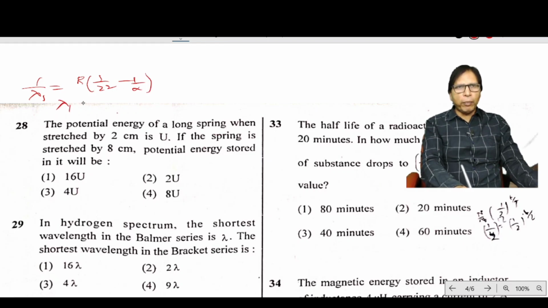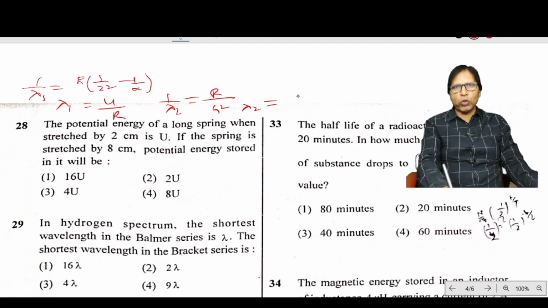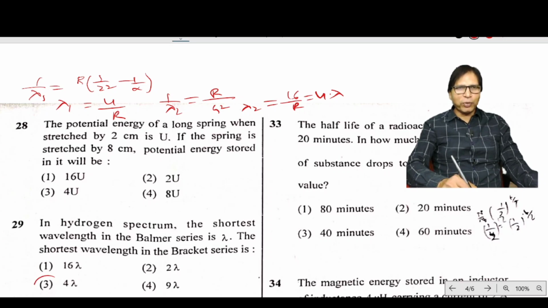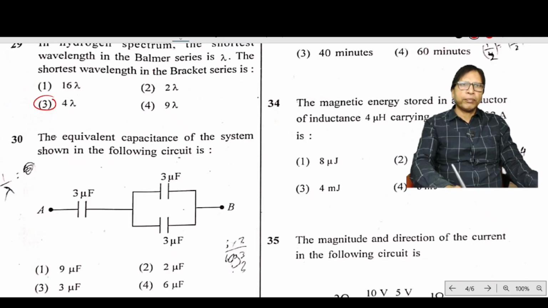So lambda 1 is 4 by R. In the same way, for Brackett series, 1 by lambda 2 equals R by 4 square. So lambda 2 equals 16 by R. So this is 4 times lambda. Option 3 is correct.